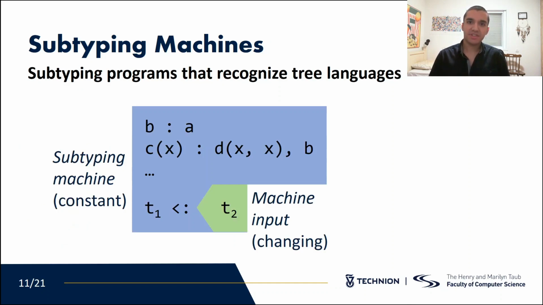The subtyping machine comprises the class table and the left-hand side of the subtyping query. The input to the subtyping machine is a tree. We take this tree, encode it in a type, and put this type on the right-hand side of the subtyping query. The machine runs by resolving the query.